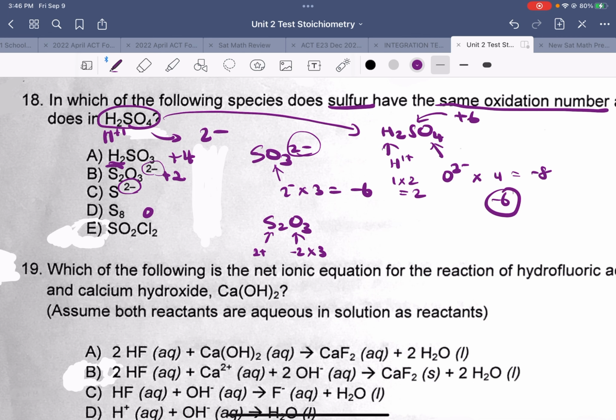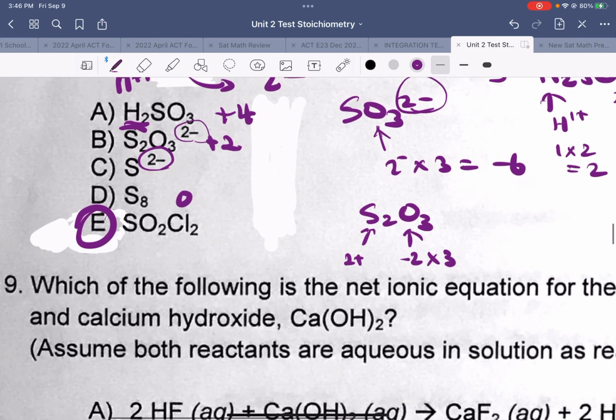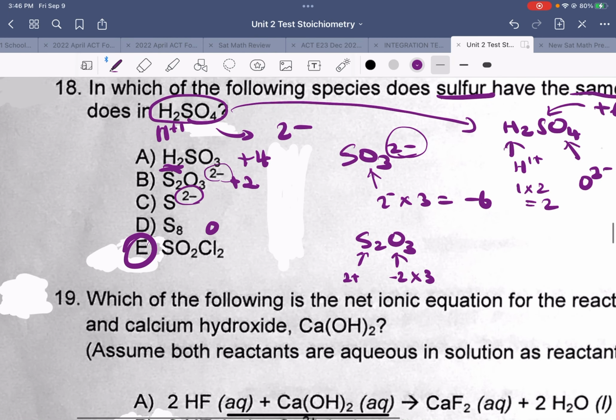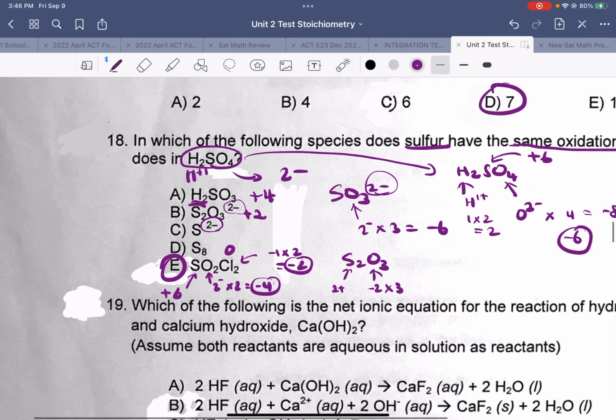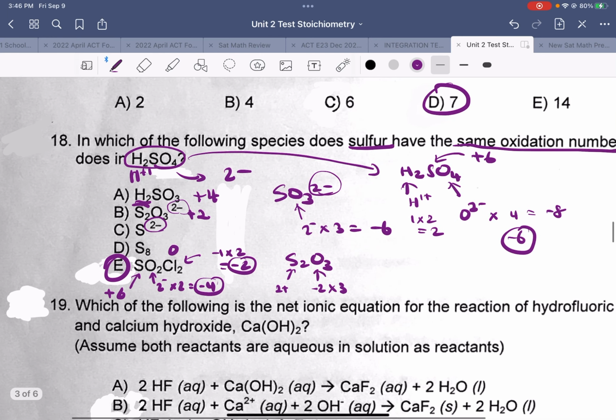So none of them, except this. So let's see, that's actually plus 6 charge. So O is 2 minus, right? Times 2 is a negative 4 charge. Cl is a negative 1. So negative 1 times 2 is a negative 2. So negative 2, negative 4 is a negative 6. So this one to be neutral should be positive 6. So answer should be 6. That's how I'm going to calculate the oxidation number.